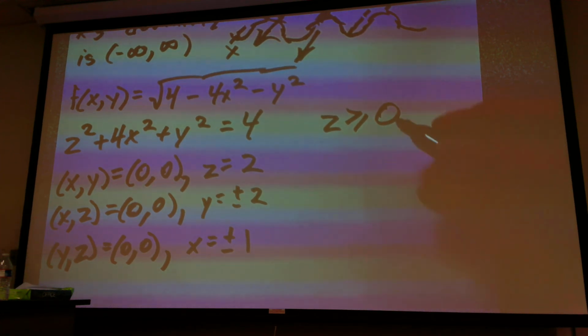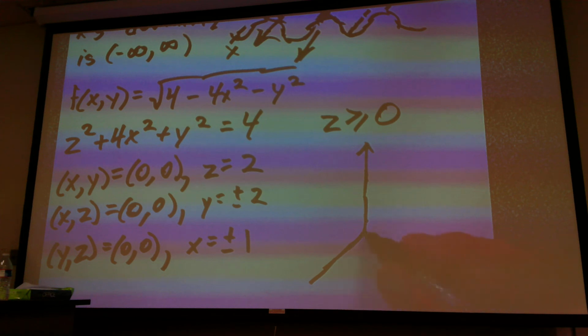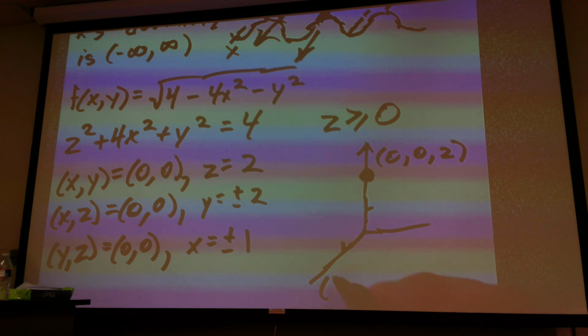Okay. So if I try plotting this thing, I have this point, I'll make it a little bit bigger because I don't have that big of numbers, say 1 and 2. And so I would have the point 0 comma 0 comma 2 being up here. Okay? And I'll take this one out just by 1, and that's going to be 1 comma 0 comma 0, and then 1 and 2, and that would be 0 comma 2 comma 0. I don't want to make this too messy, so I'm not going to plot out the ones on the back and to the left.